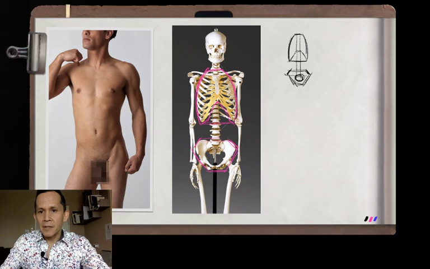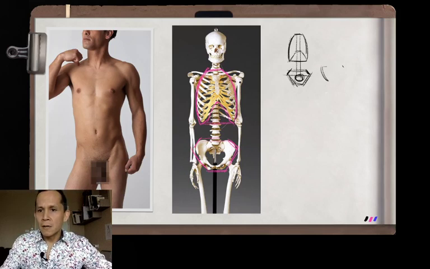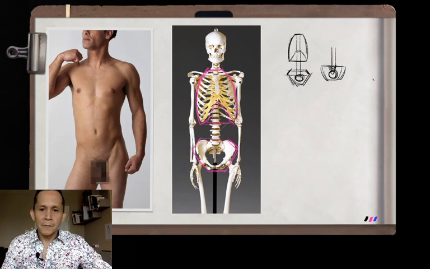You want to kind of think of it as a shape. In this case, a box shape works really nice, or a bowl. It's like a kind of bowl that you eat from. So both of those will work. So rib cage and the pelvis.